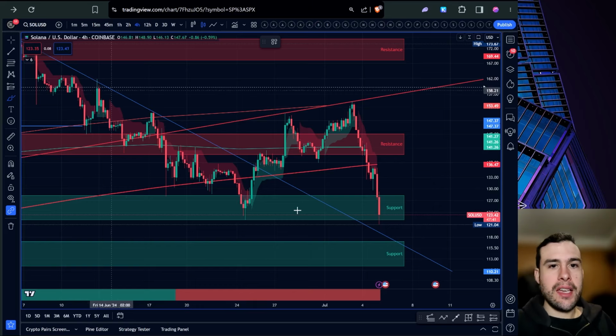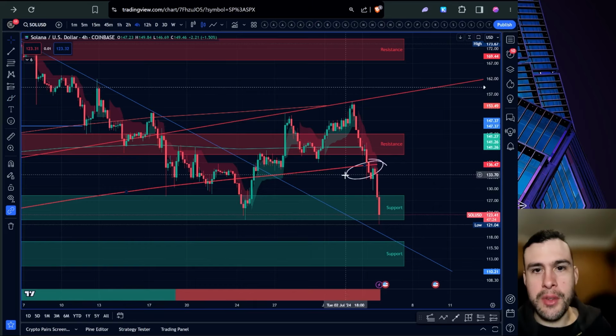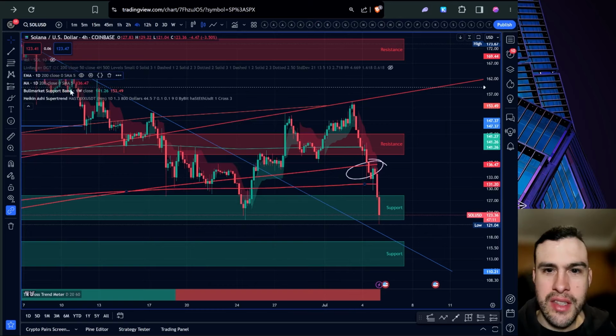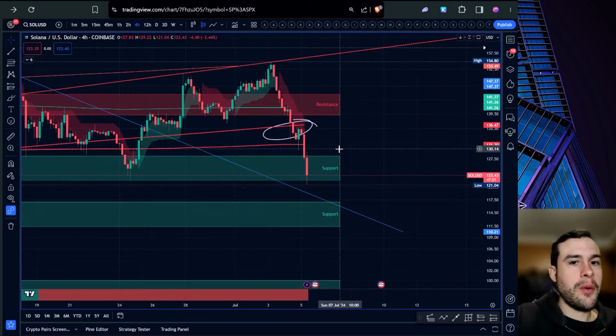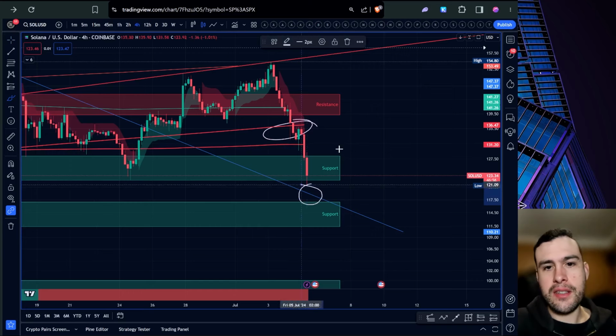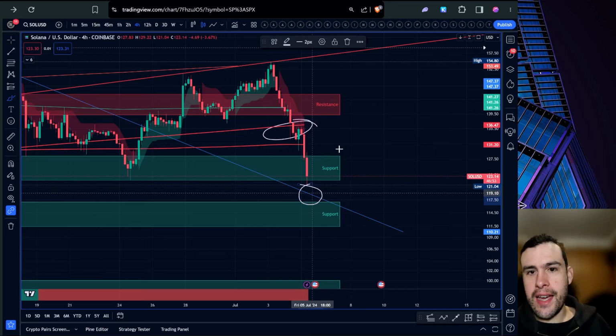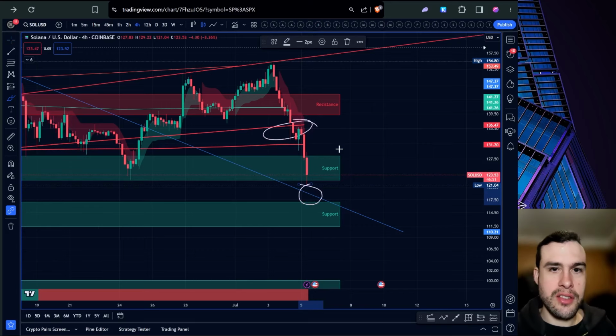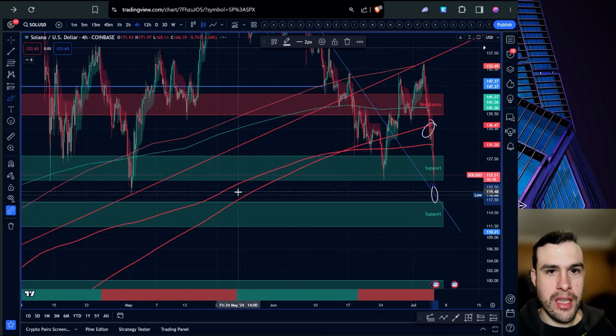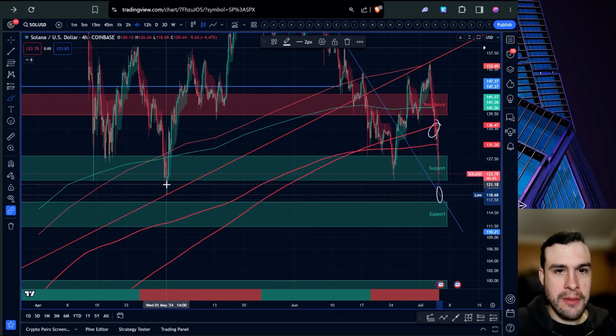Now, we did get a trendline break on Solana, and we did lose our 200-day moving average. This is the simple moving average, and the EMA is just below it. And are we getting our retest of the trend line, which we haven't actually had yet? Well, that's down right now at $118, which marries up with the low back in May, right?